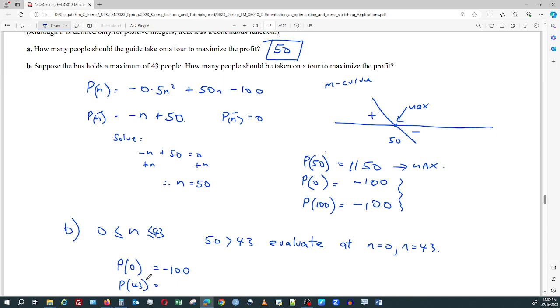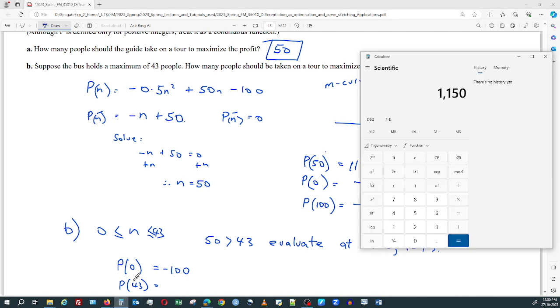So let's do that, 43. We'll clear this away. So 43 squared times negative 0.5, pop that into memory. 43 times 50 equals, add that to the memory, and minus 100, add that to the memory.